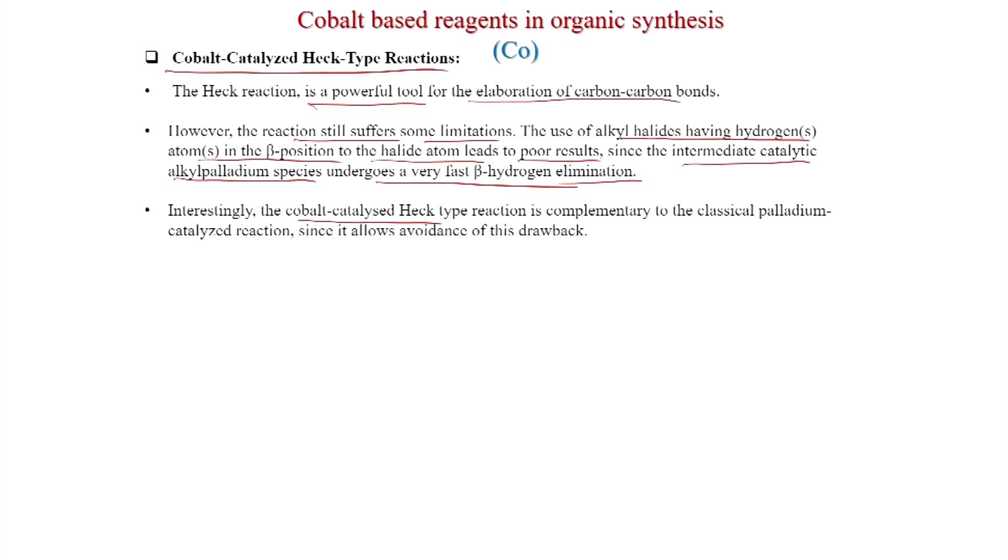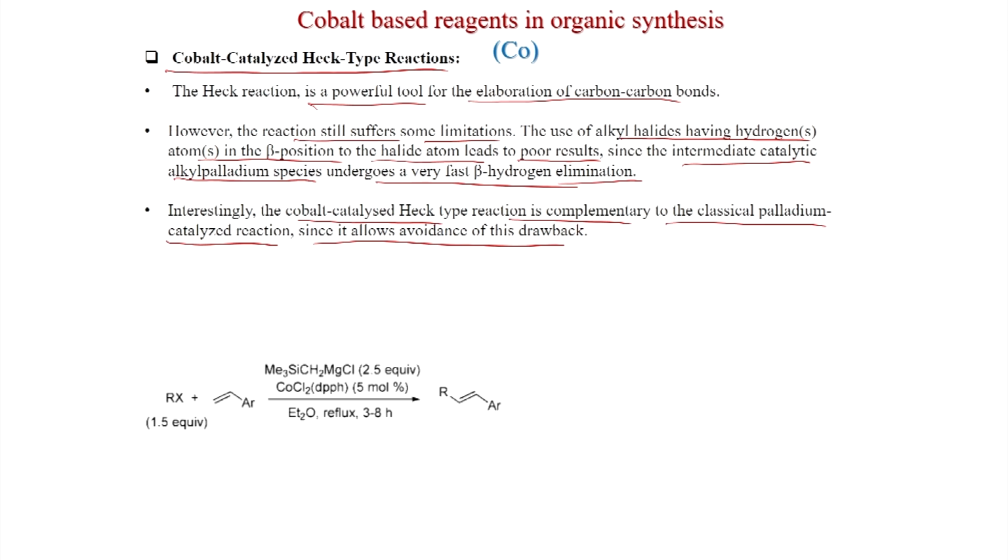The cobalt catalyzed Heck type reaction is complementary to the classical palladium catalyzed reaction, since it allows avoidance of this drawback. Like here, RX alkyl halide with olefin, Me3SiCH2MgCl 2.5 equivalent, CoCl2, DPPH.